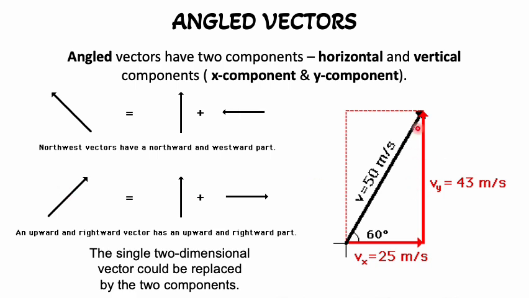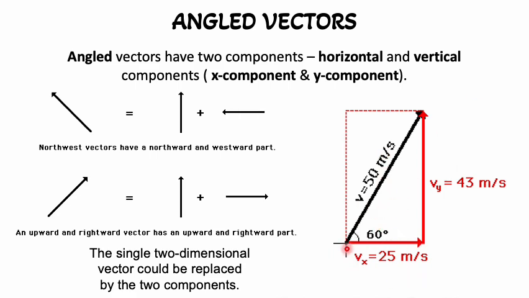So say for example here, this is a representation of a velocity. So it is this single velocity, the magnitude is 50 meters per second. And the angle or the direction is 60 degrees, upward, rightward direction.